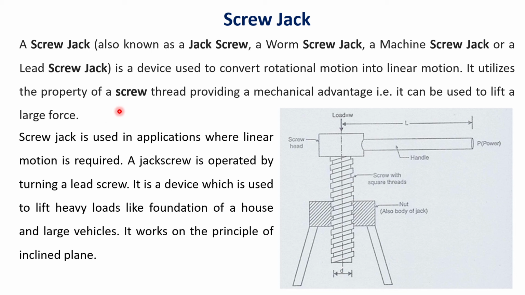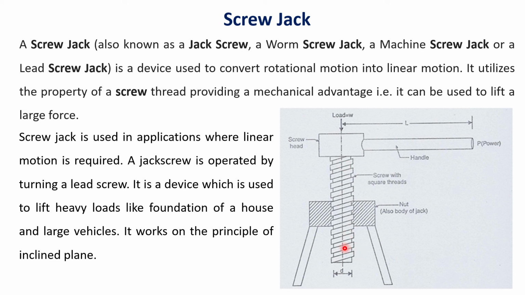In this way, the screw jack is also used in the same way. I just gave you the example so that you can easily visualize it. You can imagine it. So the screw jack is used in applications where linear motion is required. The jack screw is operated by turning a lead screw. This particular square thread screw is called the lead screw.